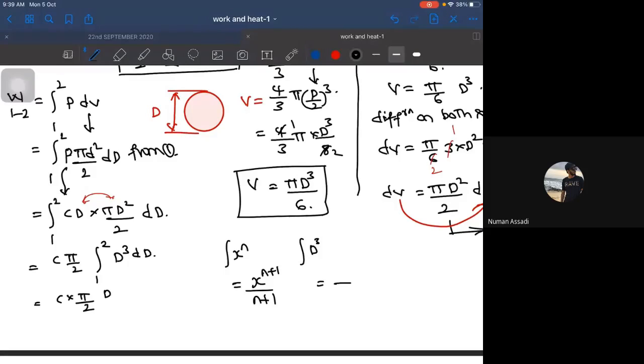Nartan Yasan. Niharika? Niharika, so what's the integration of d cube?